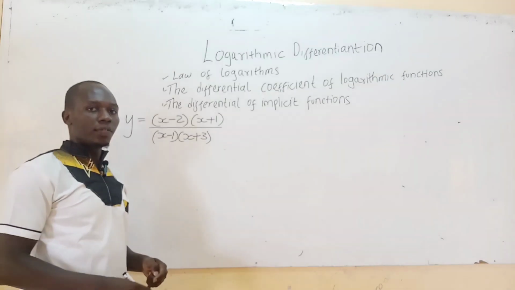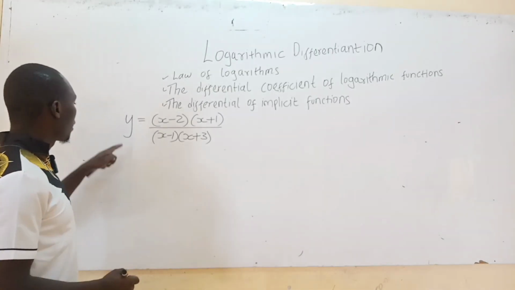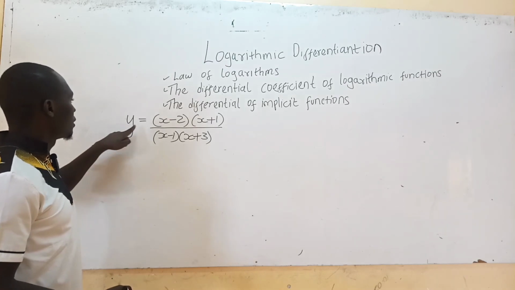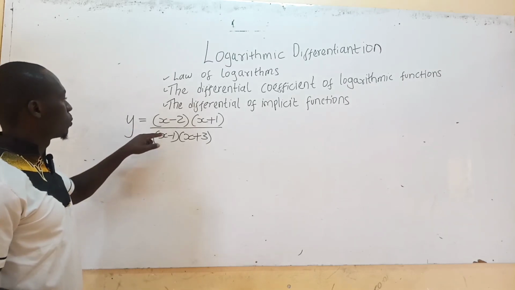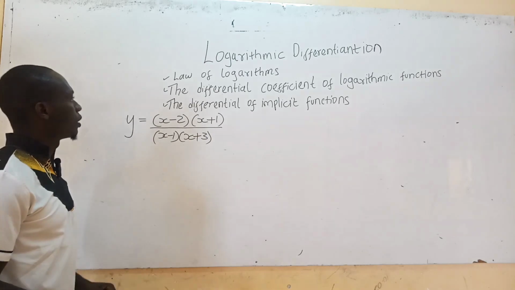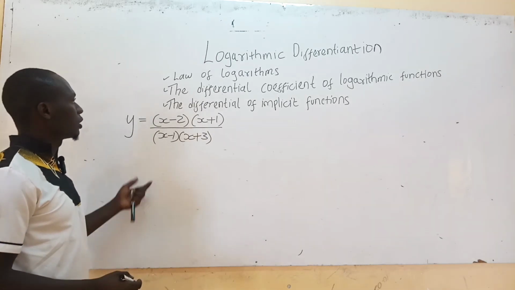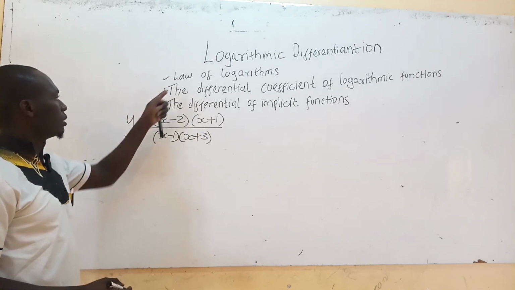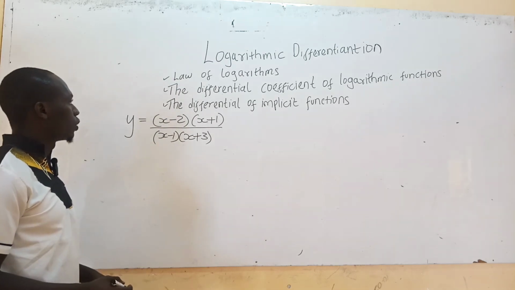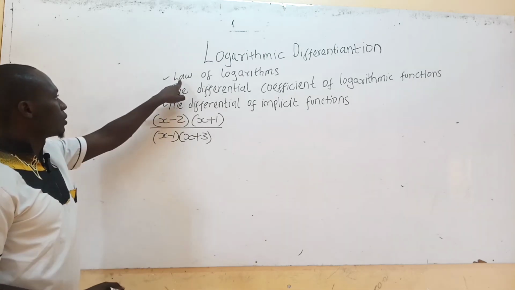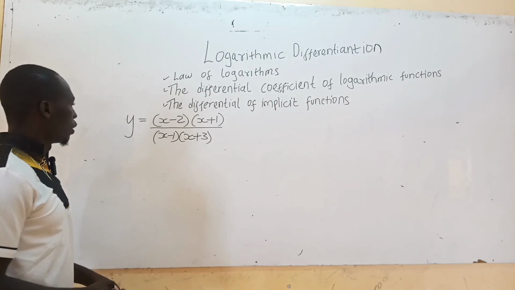So this is now our first example whereby you've been told y is equal to a function, what we have here. So the first thing that we need to understand is the introduction of the laws of logarithm.